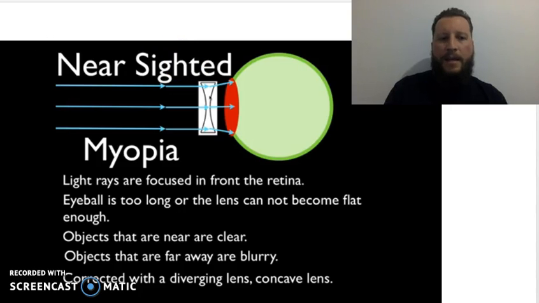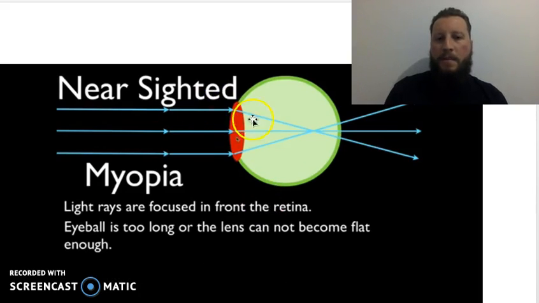Now, if you can remember that the convex lens brings the light rays in, then the concave lens is going to do the opposite. So the light rays come in here, and they're sent outwards. That's pretty good for somebody who is a little bit too close. If you can bring these outwards, it means they come in at a different angle and hopefully hit the back of the retina at the same point.